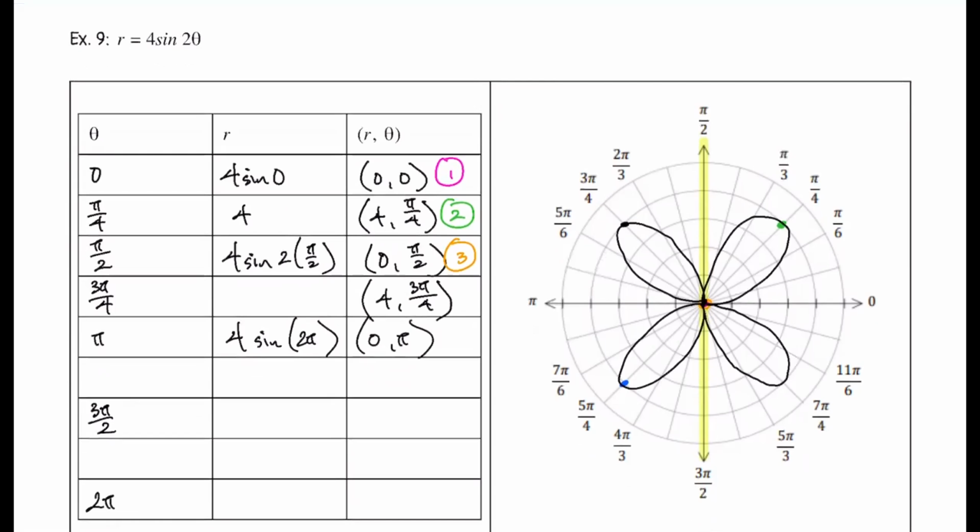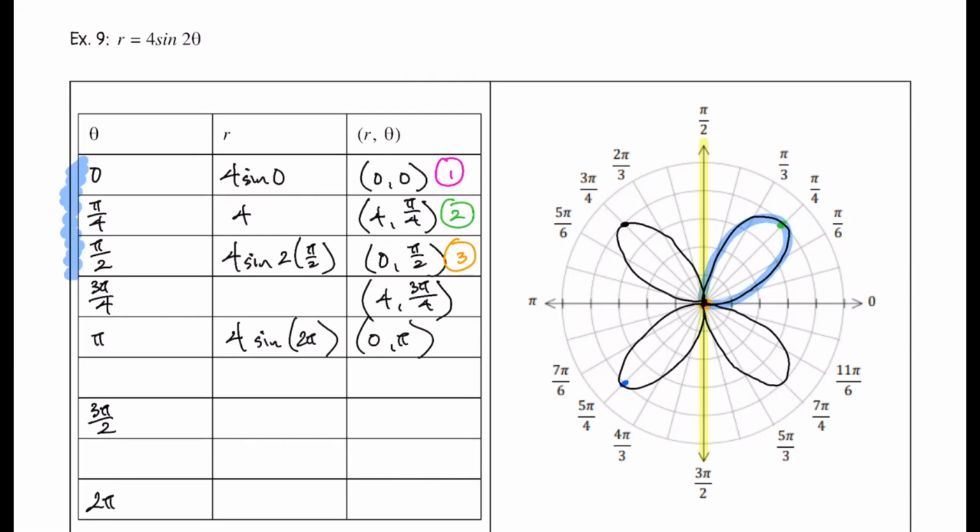So I know earlier that Richard was talking about how we can shortcut things. For cosine, it's probably good to start at 0. For sine, it might be good to start at pi over 2. But when we're thinking about different shapes, the strategies change. If I were drawing this and I forgot what it looked like, but I knew it had petals, if I just graph the first 3 points, that's going to give me the first petal, and that might be enough for me to sketch the rest of it.